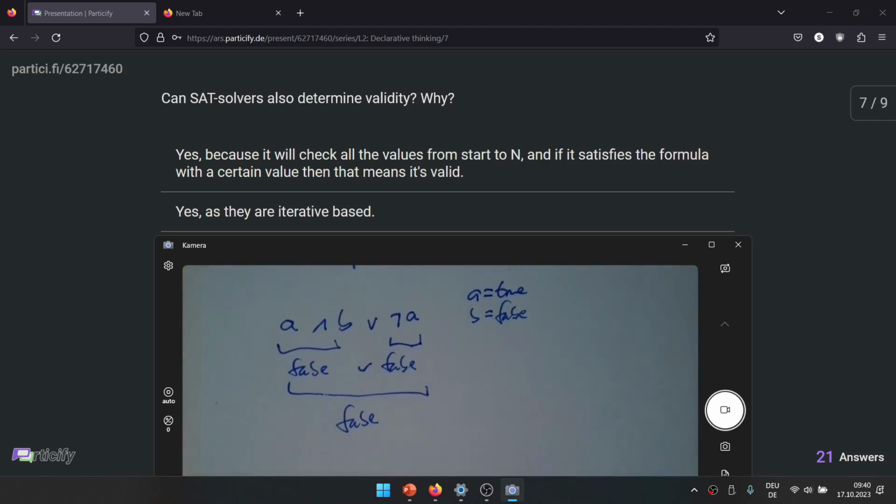Okay, so the trick here was to show that it is not valid. We only need to find a single assignment that makes the formula false. So the trick is, let's just negate the formula, because if we negate false, we end up with true.